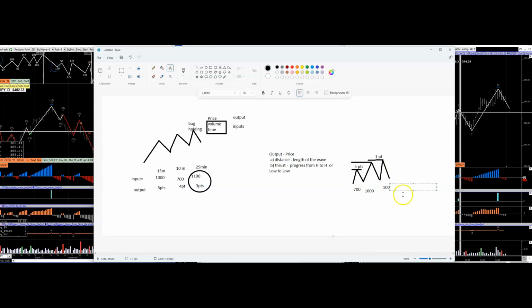So, 700 contracts, then 1,000 contracts. And now, instead of looking at distance, we're looking at progress in terms of thrust from high to high. We see 1,000 contracts gave you 5 points of progress. Then the same 1,000 gave you only 1 point of progress from high to high.